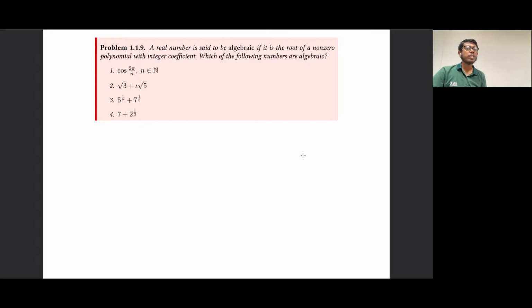So a real number is said to be algebraic if it is the root of a non-zero polynomial with integer coefficients. So it means that if we can find a non-zero polynomial, then alpha is algebraic. So let's write this: this is my set A of all algebraic numbers.